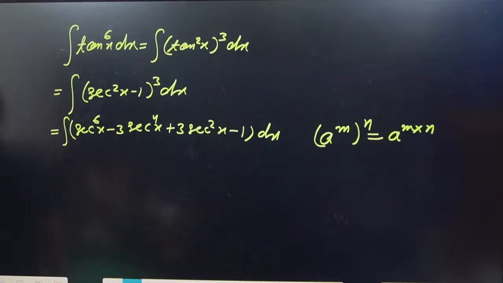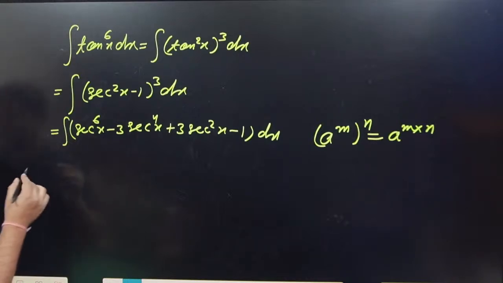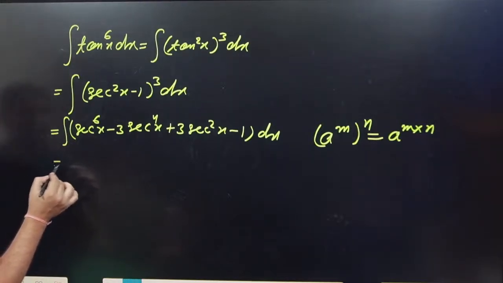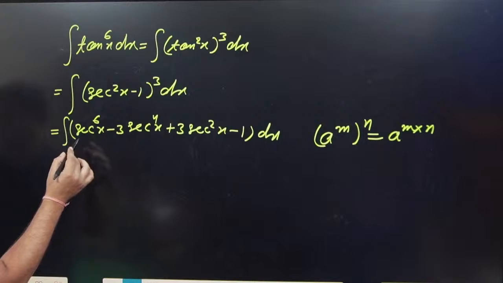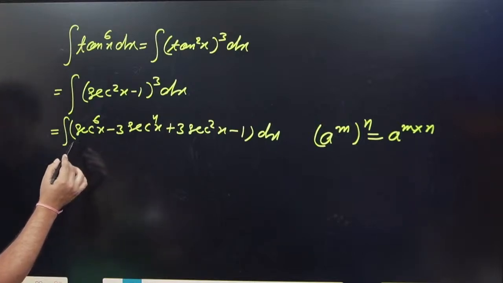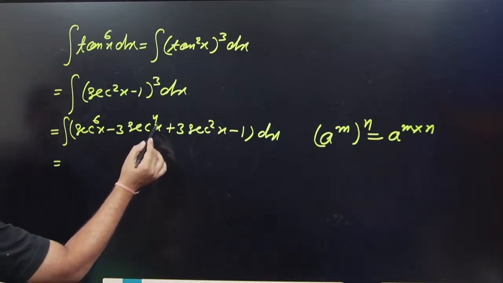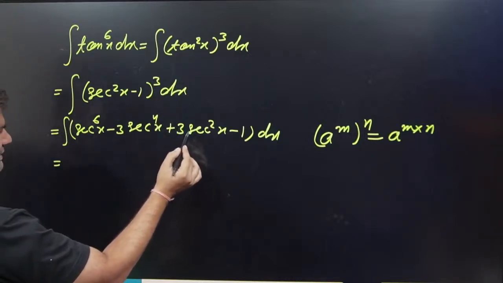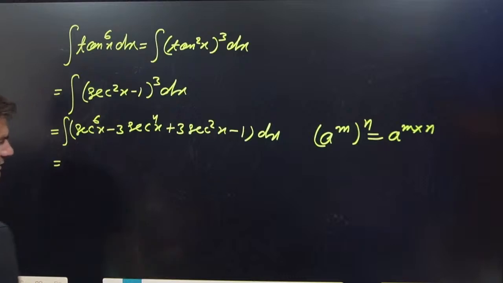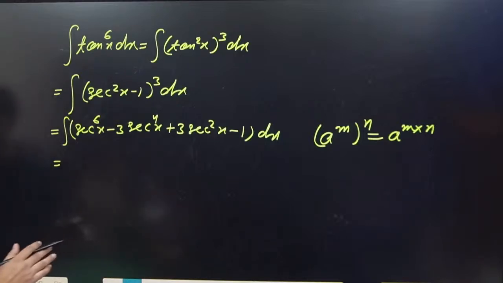After that, you can integrate this part. Integration of sec x to the power 6 minus 3 into sec x to the power 4 plus 3 sec square x minus 1 dx. Okay, look very carefully.